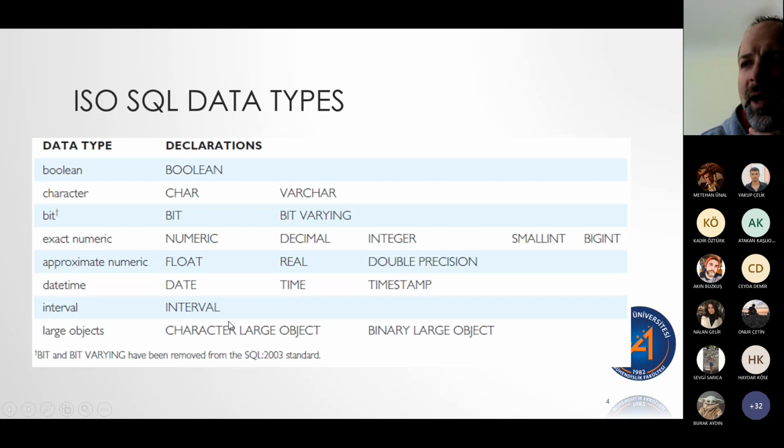We also have these things called a character large object or a binary large object, referred to in shorthand as clob and blob. I have seen blobs used pretty frequently for large text, or clob for large amounts of text. There are some limitations in that. They're useful if you need to store a large amount of text into a field.